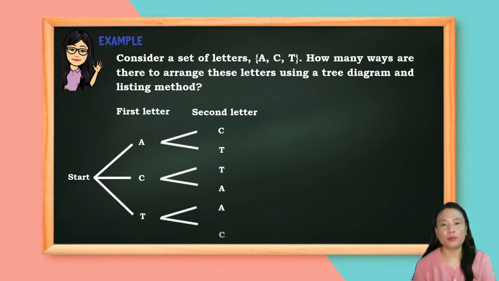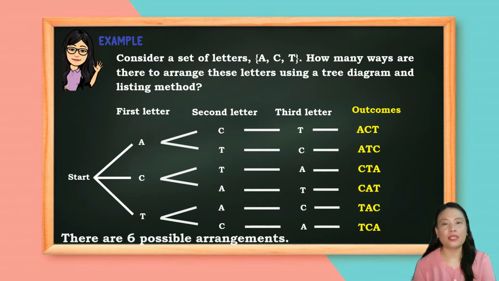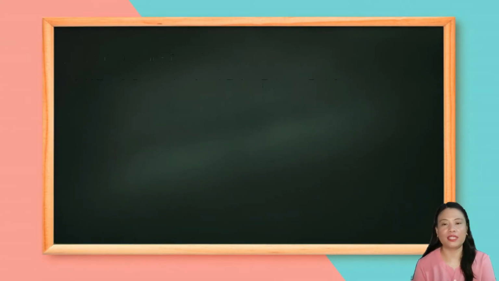So, the possible outcomes are ACT, ATC, CTA, CAT, TAC, and TCA. Counting the outcomes, we will have 6 possible arrangements. Using listing method, we will have the following arrangements.